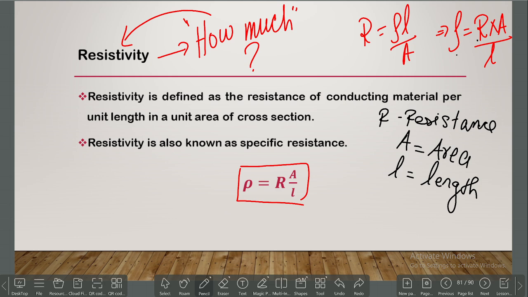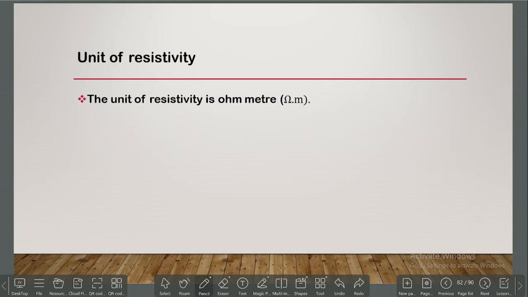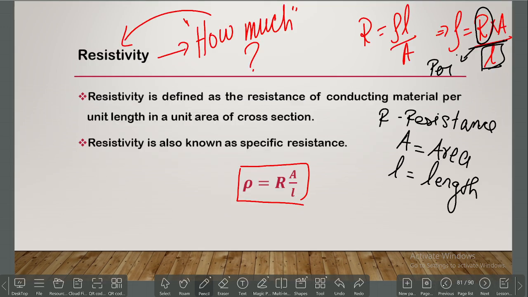Resistivity is defined as the resistance of the conducting material per unit length in a unit area of cross section. And since it is measurable, we need to know the unit of resistivity.